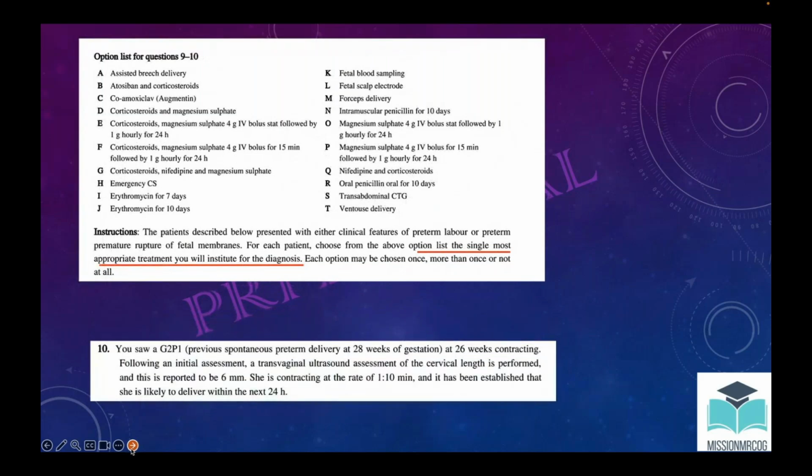So the patient is G2 P1, with a previous spontaneous preterm delivery at 28 weeks. At 26 weeks, now she is contracting. TVS is 6 mm, contractions 1 in 10. She is likely to deliver within the next 24 hours.